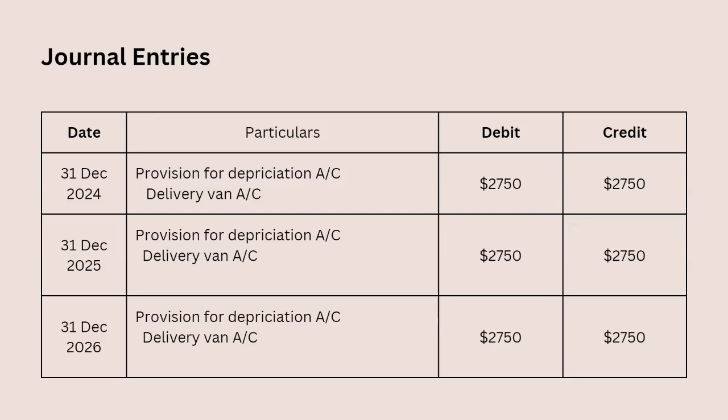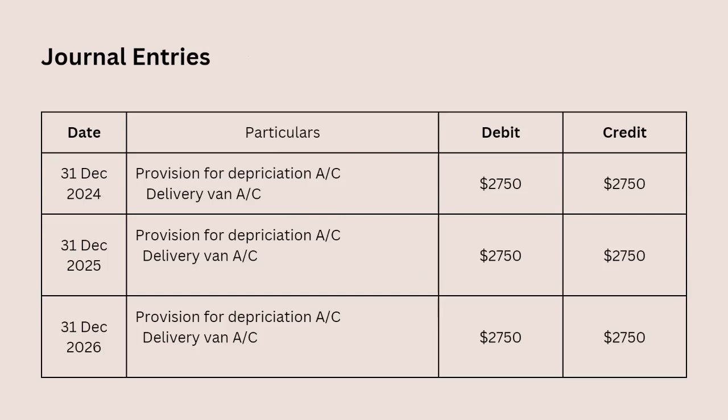So let's see what the journal entries are going to be in the books of Sarah. On 31st December, we are going to have provision for depreciation on the debit side, since it's an expense. Delivery van is on the credit side because we are reducing the value of the delivery van in its account.